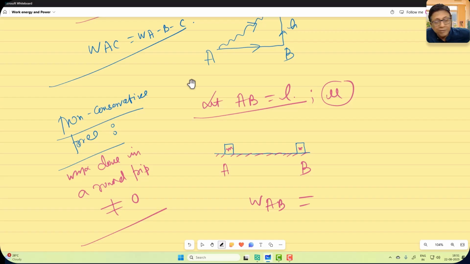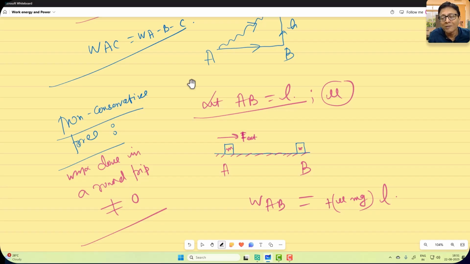Minus mu mgL. Why minus? Because the work is being done by an external agent against the friction. So, by external force, it will be mu mgL.